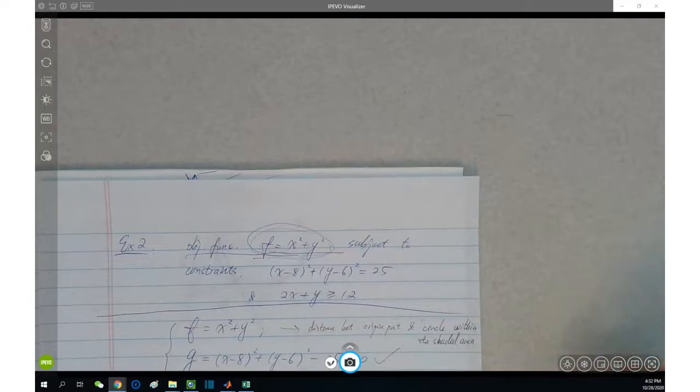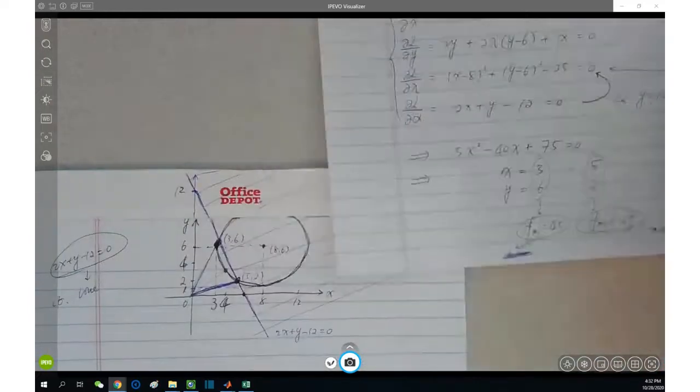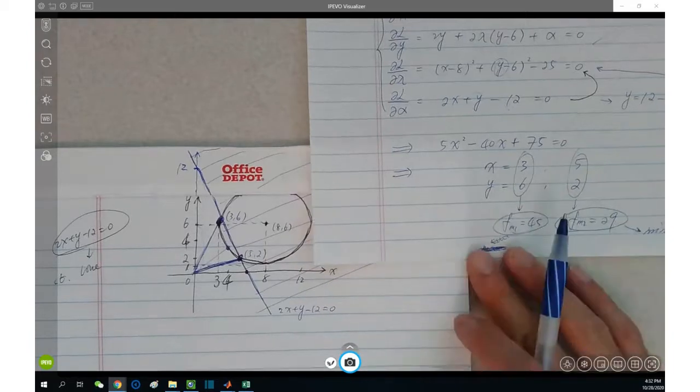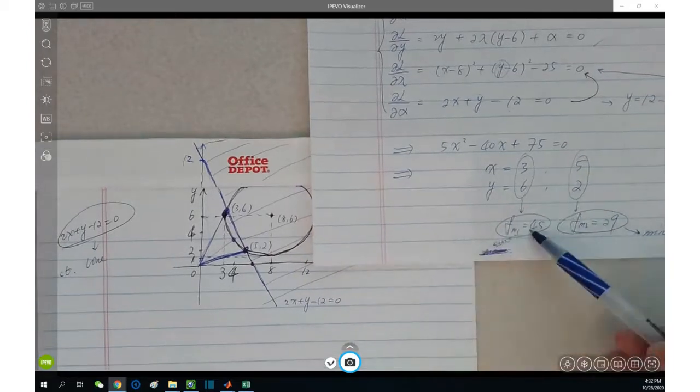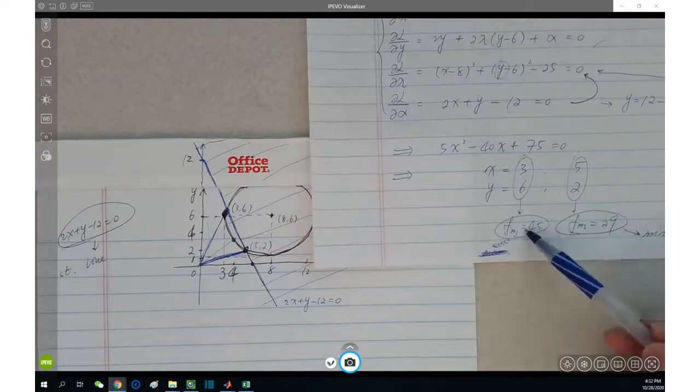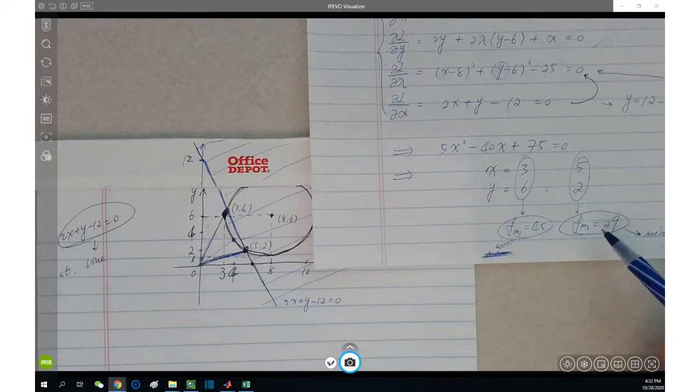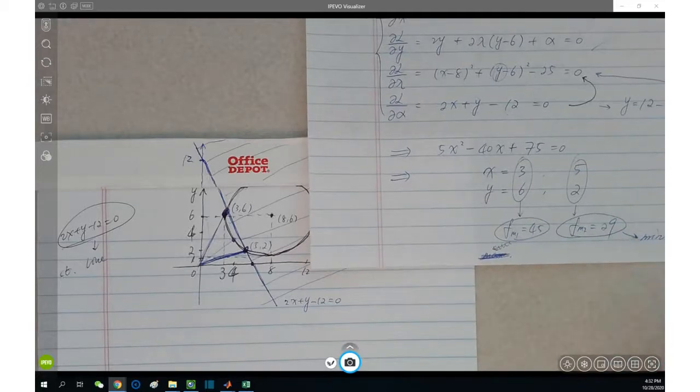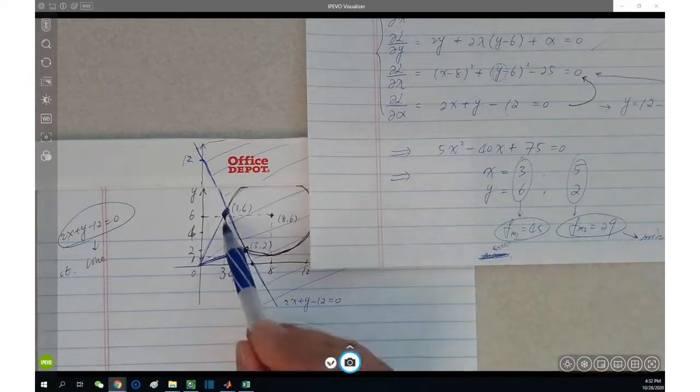So 29 is the minimum value of x squared plus y squared. And that's why we are done. We find two local minimum values, f(M1) and f(M2). By comparison between them, we find the global minimum, 29. And from here, this graph makes perfect sense.